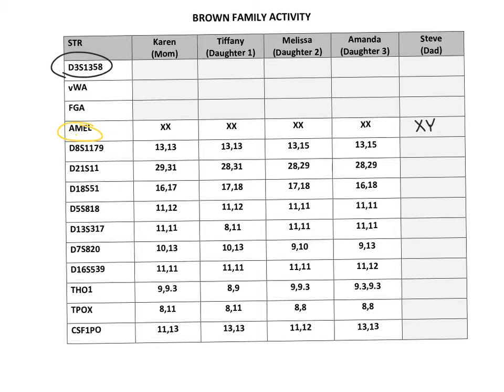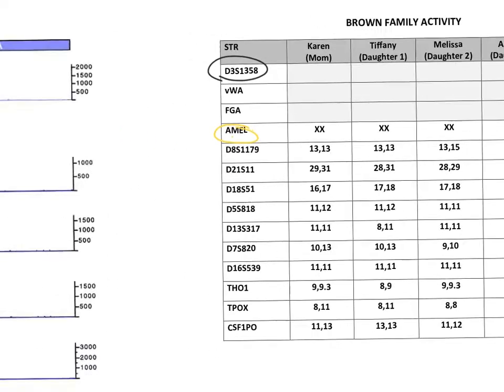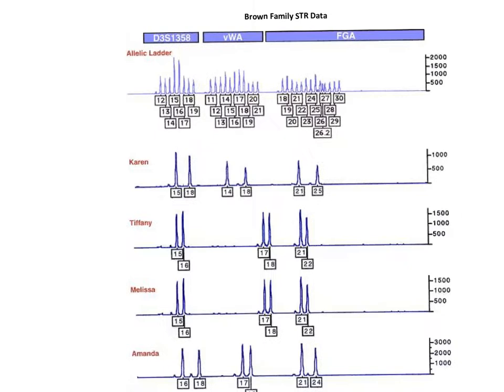Okay, so if you look, you're probably like, well, how the heck do we even figure out how many repeats somebody has? Well, again, they would go through the process of gel electrophoresis and they would compare it to a set of knowns. So if we come over to this part, this is what we call an allelic ladder.